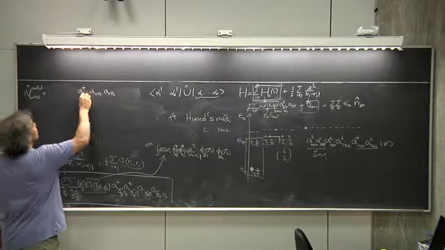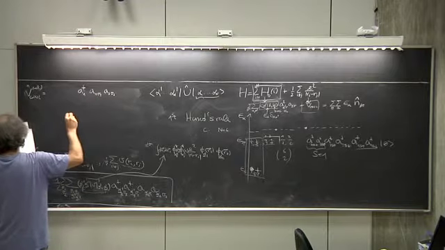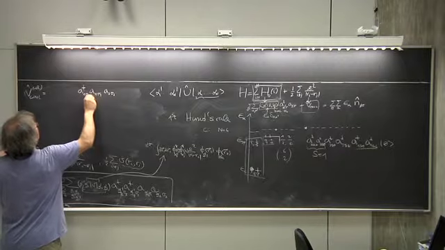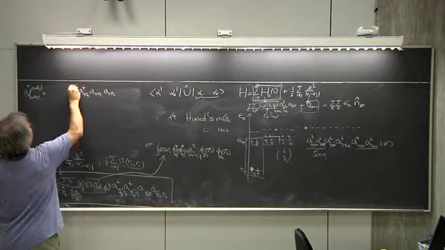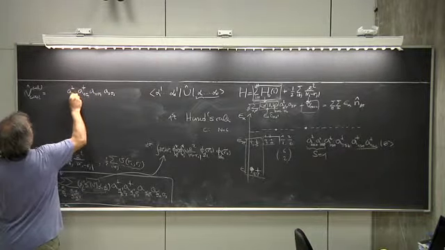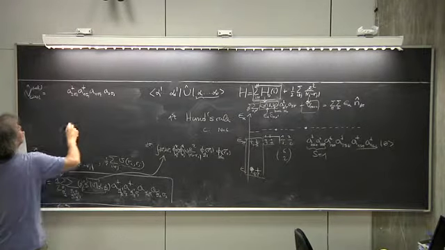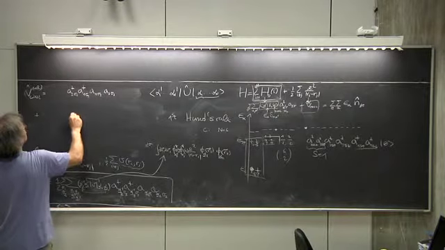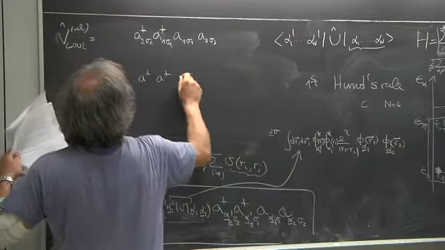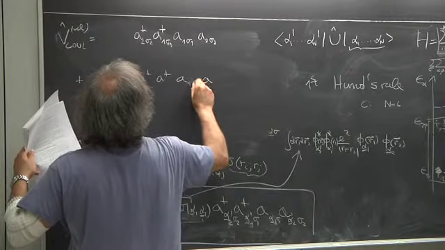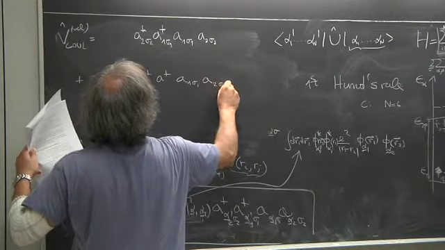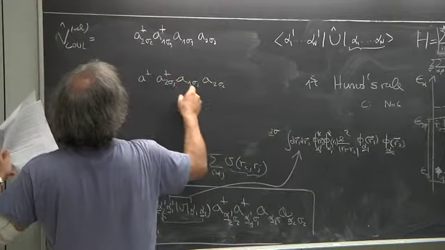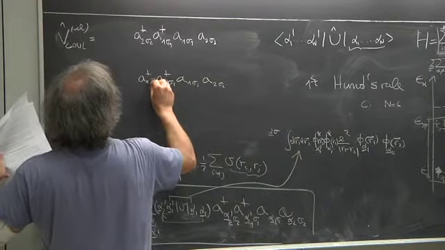I can annihilate in 1 again and in 2, or the opposite. So there is another piece, A dagger, A, so 1 sigma 1, 2 sigma 2, and I annihilate in the opposite way, 2 sigma 1 and 1 sigma 2.